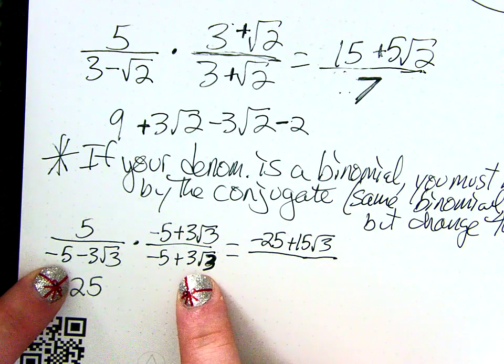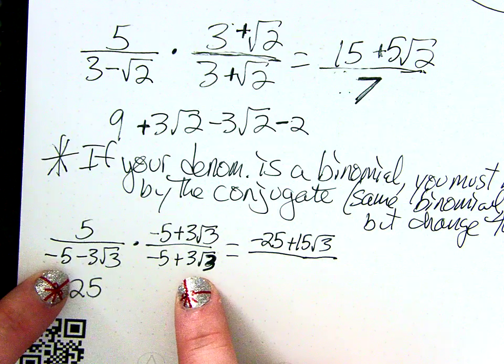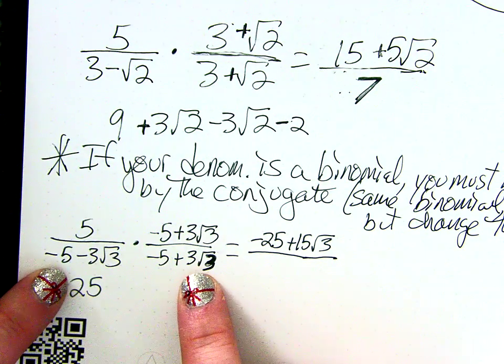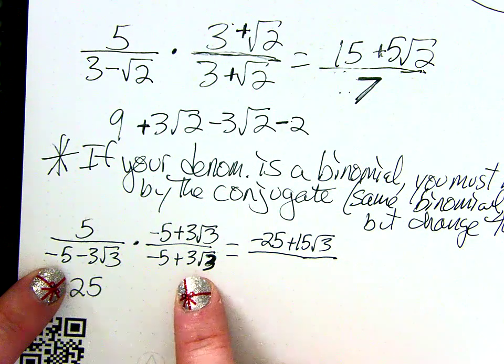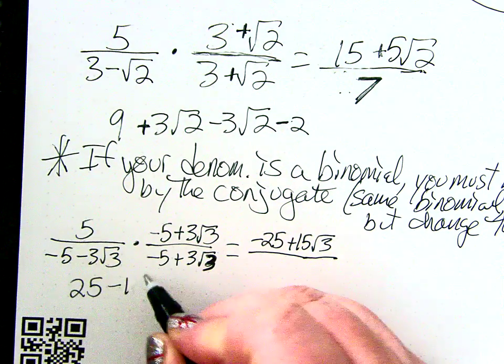Outsides. What would you get when you multiply the outsides together? Negative 5 times 3 root 3. Wouldn't it be negative 15 root 3?